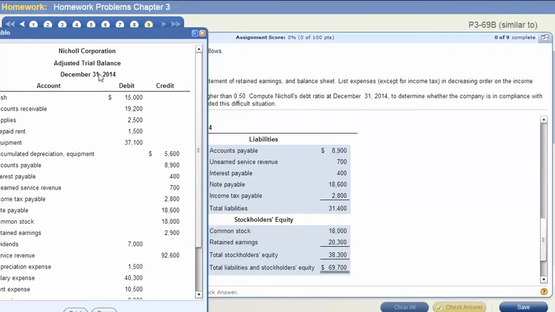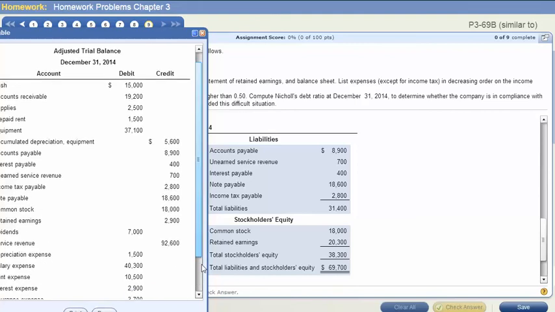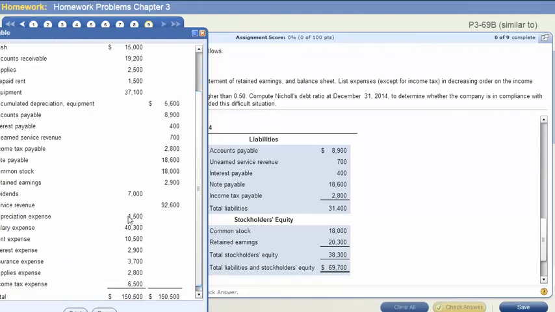It's December 31st, 2013. And the way you can tell that is because on the trial balance, it has a credit balance of 2,900, and the revenue and the expenses have not been closed out to it yet. If they had been closed out to it, then these would have zeros. They would have been closed out, net income calculated, and the difference, net income or net loss, put into retained earnings. So it gets a little tricky because retained earnings here is not what's sitting on the books.